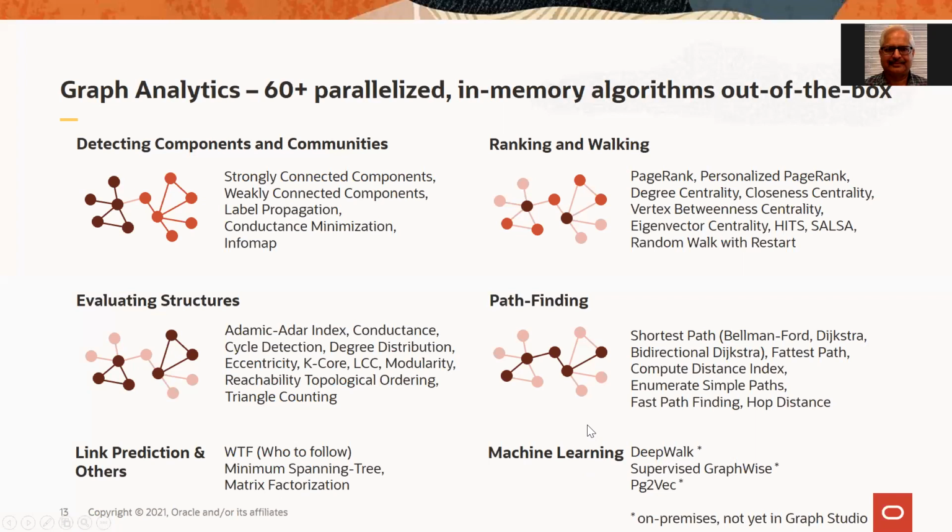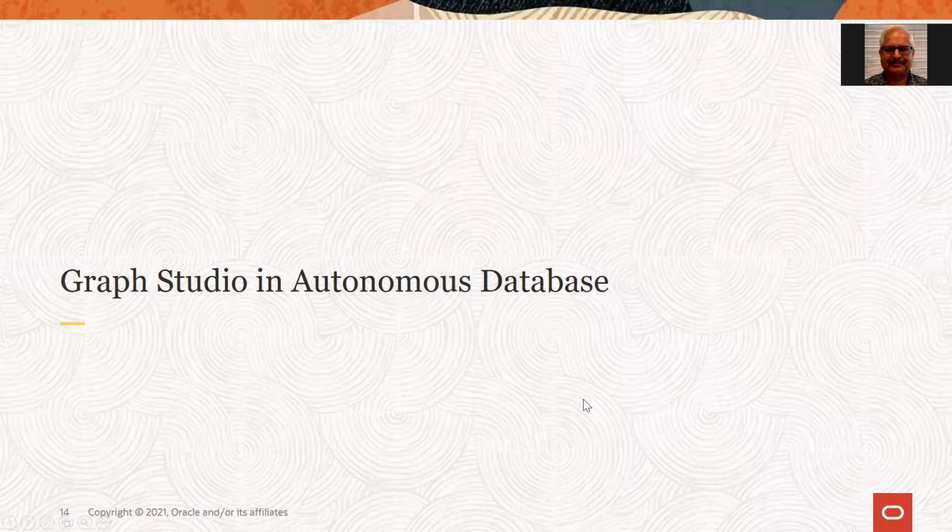All of these algorithms are executed in memory on dedicated in-memory data structures, and they are parallelized to the degree that they can be parallelized. So that is essentially what makes it a very powerful analytics product. And it has been used as such for years, because we launched it many years ago. Which brings us to the next topic, which is Graph Studio in Autonomous Database, finally.